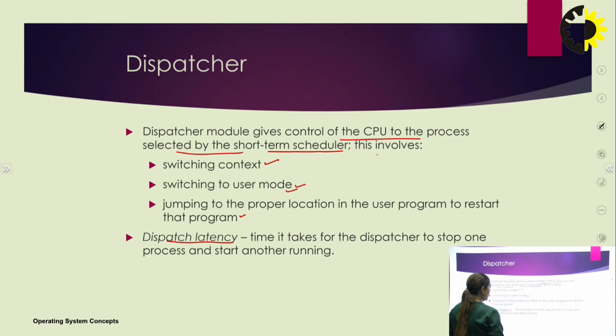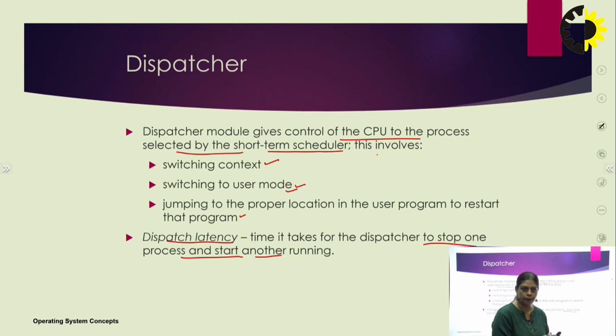Dispatch latency: the time it takes for the dispatcher to stop one process and start another process. Now, when the CPU is taken from one job, the variables and the state are recorded, and then the other process which is to be loaded for the CPU, to which the CPU control has to be given, we have to resume all the state which we have stored earlier.